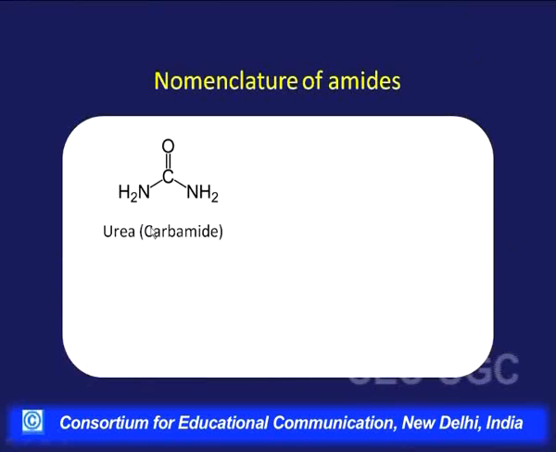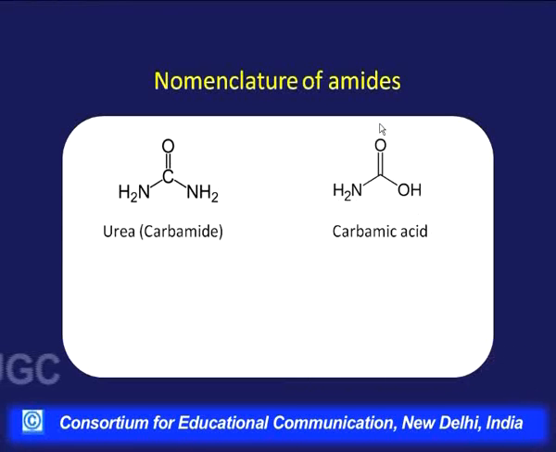Then a very common compound, NH2CONH2, urea. This can also be considered as an amide. It has a CONH2 group, and one of its common names is carbamide. It is named as carbamide because it is the amide of another acid called carbamic acid. This acid has a COOH group, and it has formed the amide here.